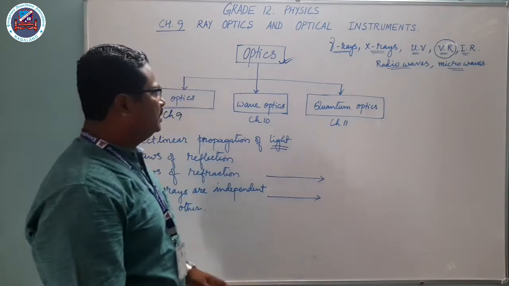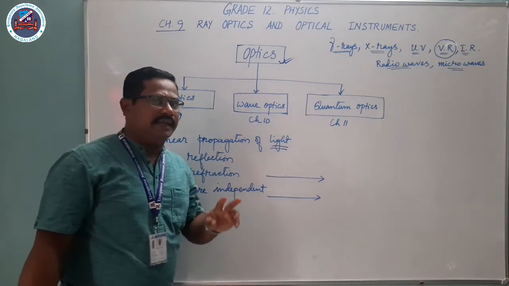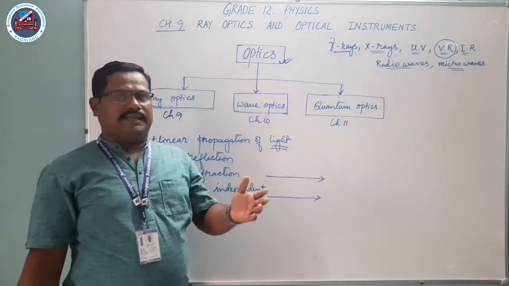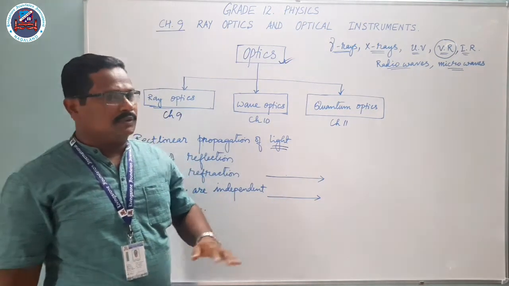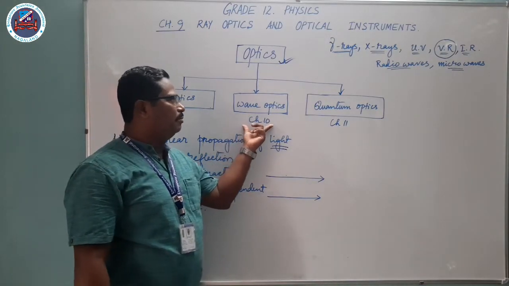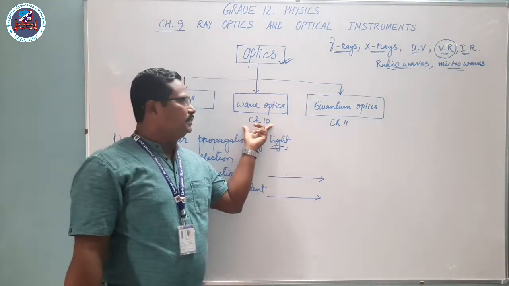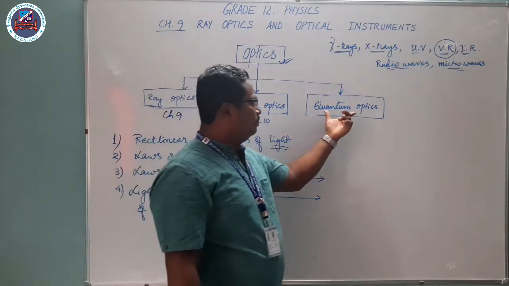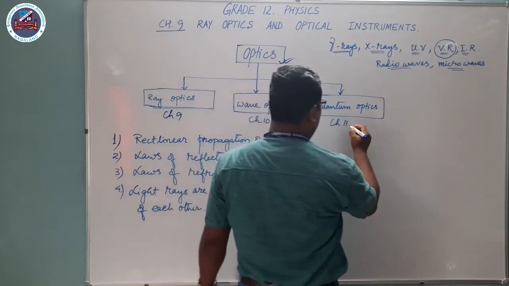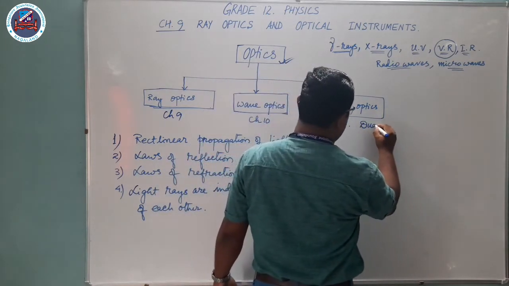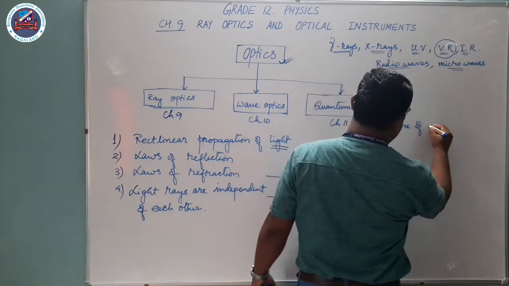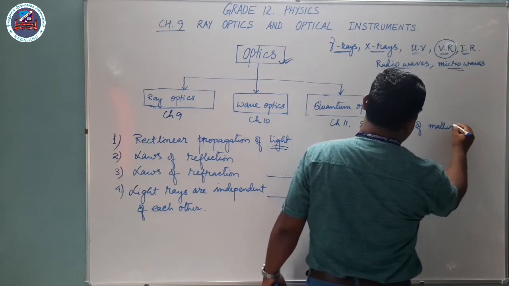Light can exhibit dual character. They can exhibit in the form of a wave, and they can exhibit as a particle as well. So when you study wave optics, you treat light in the form of waves. And when you study quantum optics, that is in chapter 11, the name of the chapter will be dual nature of matter and radiation.